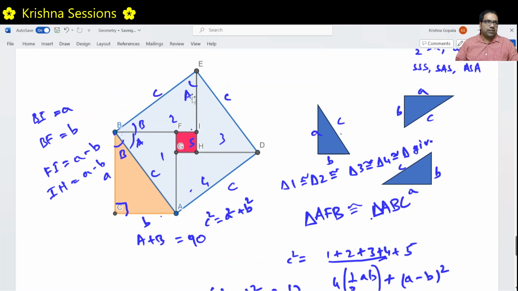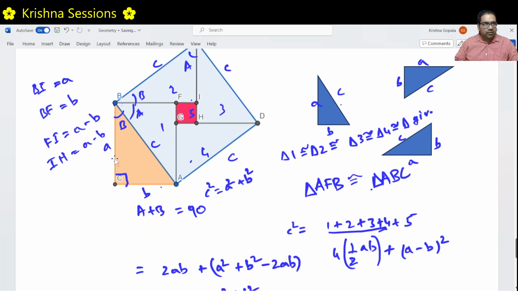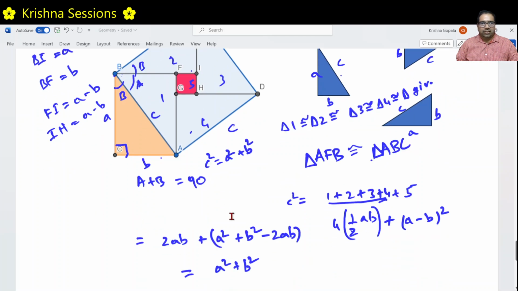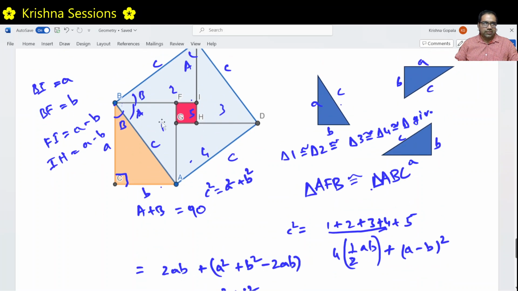Okay. What does that mean? The square is actually broken down into four triangles which are exactly congruent to our given triangle, plus one small square whose side is the difference of the legs of the right angle triangle. Right. Now, the area of the total square is C square because C is the hypotenuse of this right angle triangle.